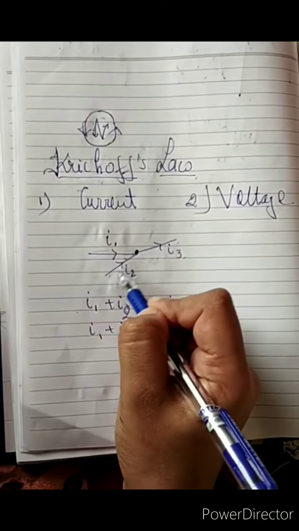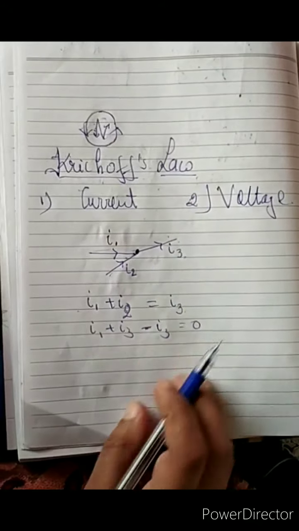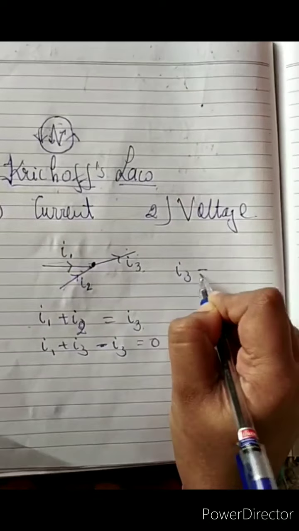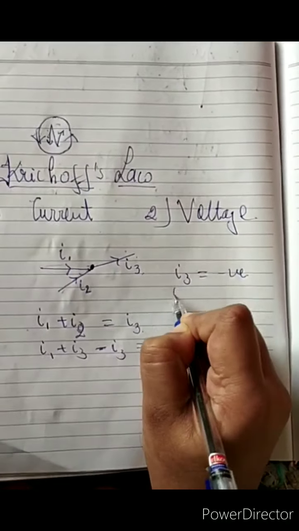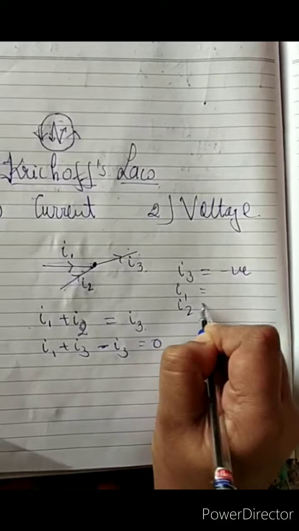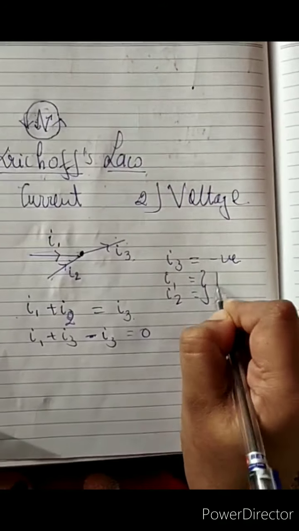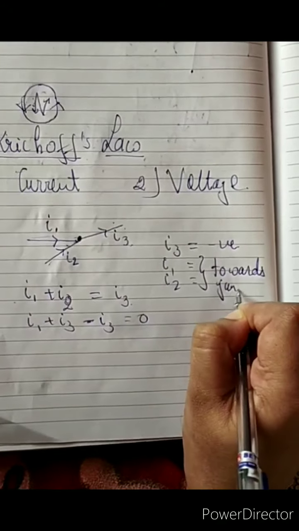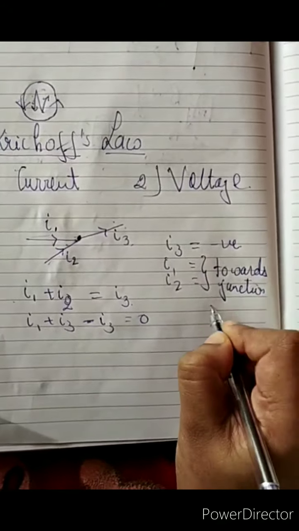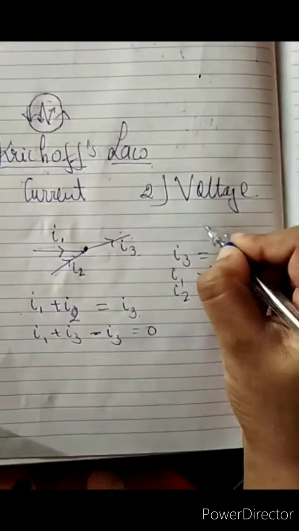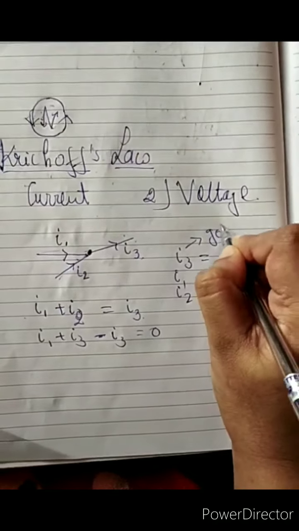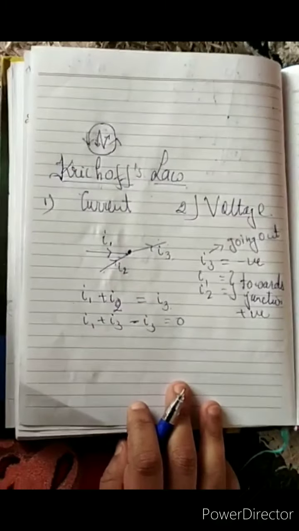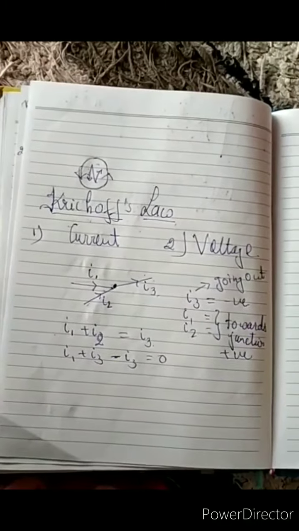So I3 will be negative, and I1 and I2, since they are coming towards the junction, are positive, and I3 is going out. Okay, so basically this is the current law.